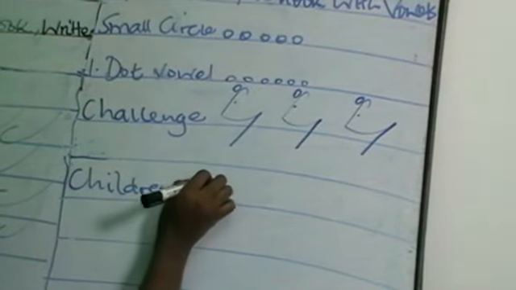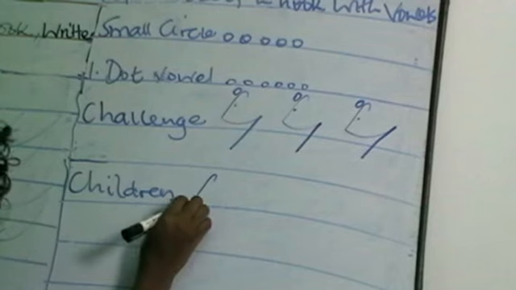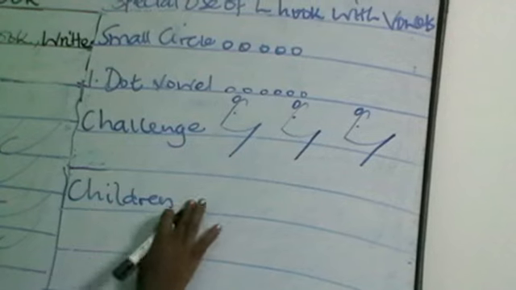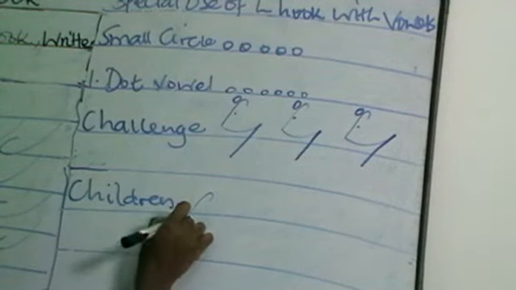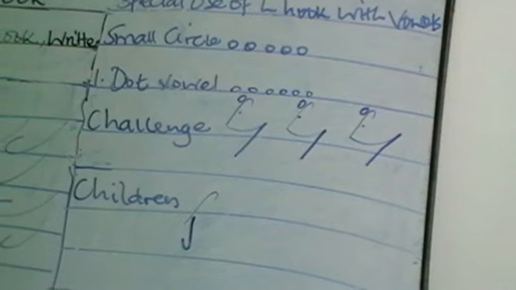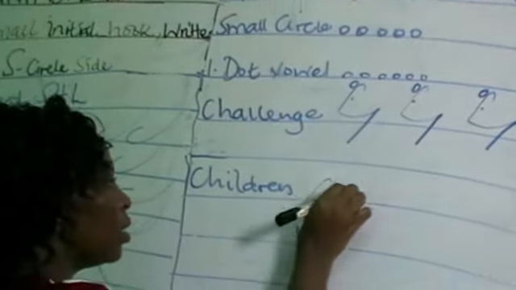Then we have the word children. Children is a stroke of CH hooked for L through the line, a stroke of D, and also a hook for N. Children.